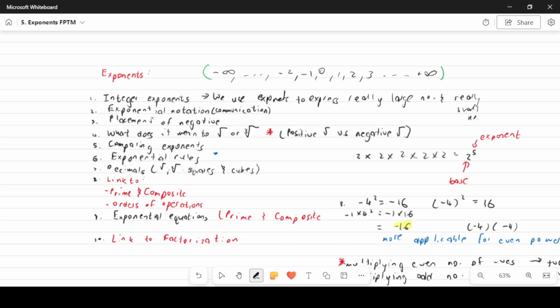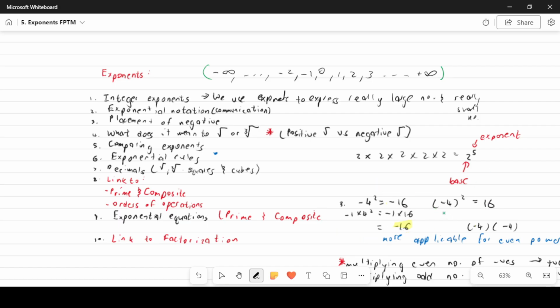are writing. Then we talked about the placement of the negative, and we said that when we're dealing with even powers, it's very important that we know exactly where the negative is placed, because in one case, even though we have an even power, and even though an even number of negatives will, when multiplied out, give you a positive, there are instances where a negative, if placed in a specific position, can give you a negative, like this case here.